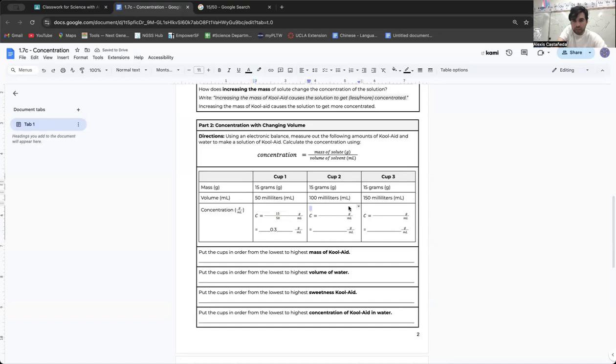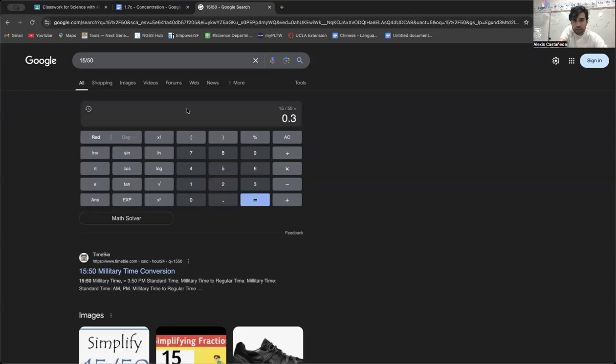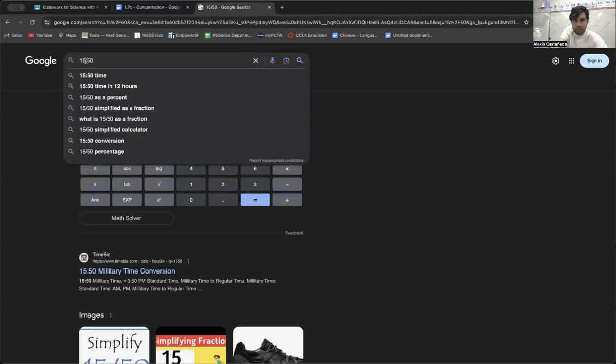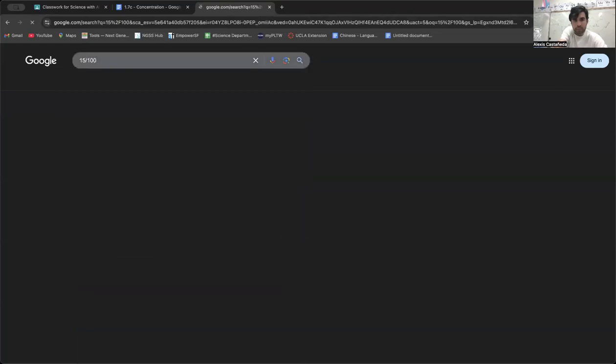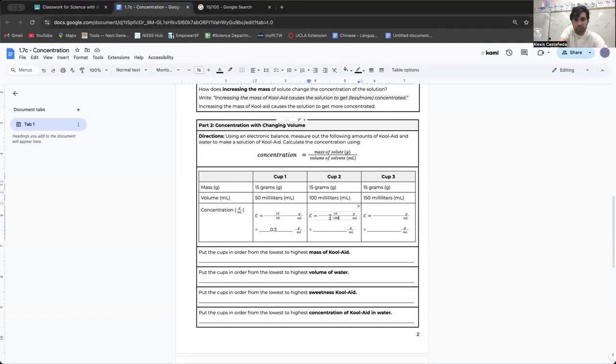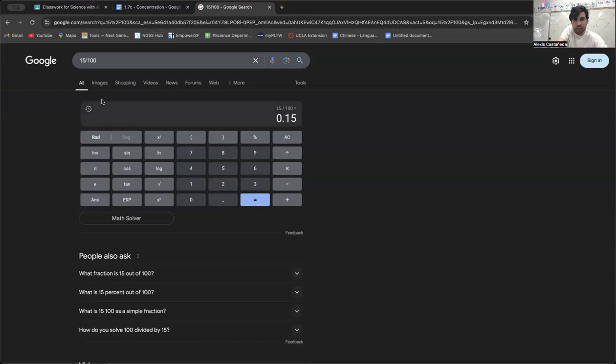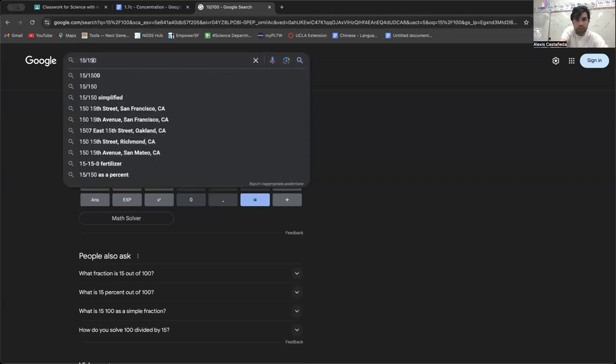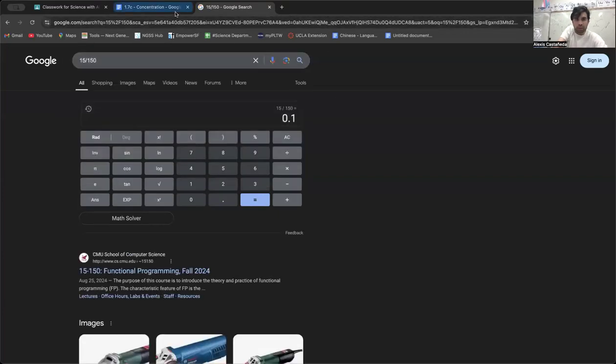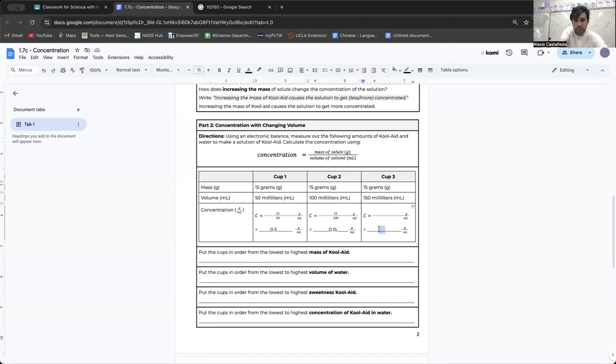For the second one, we have 15 grams divided by 100, which is 0.15. And we have 15 divided by 150, which is 0.1.